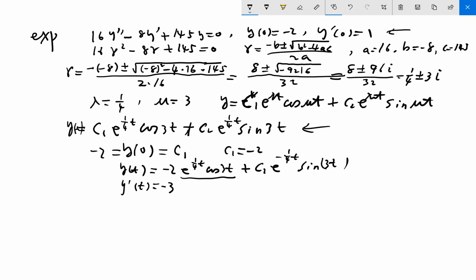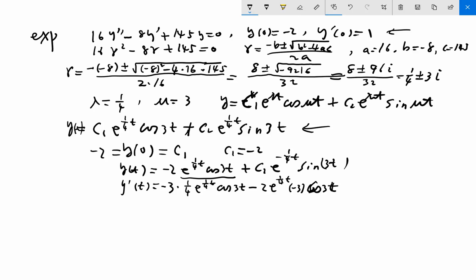Take the derivative of the first one, e to the 1/4 t, which gives you 1/4 e to the 1/4 t, keep the second one unchanged, plus keep the first one unchanged and take the derivative of the second one, which gives you -3 sine 3t.